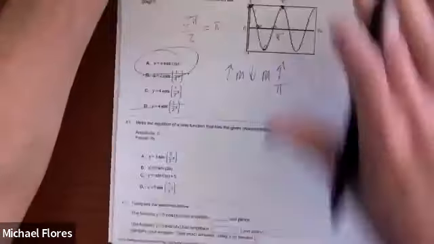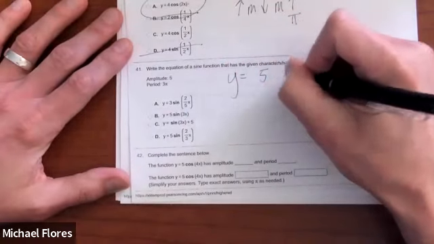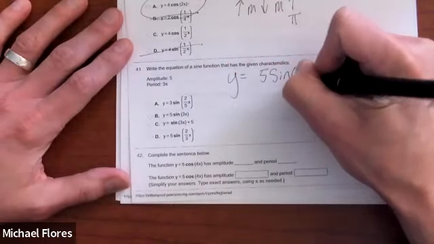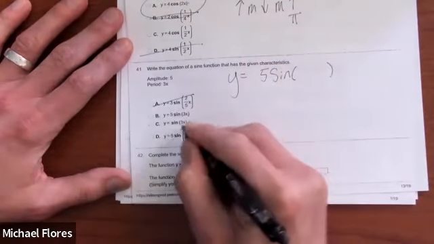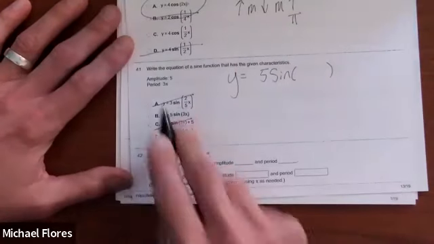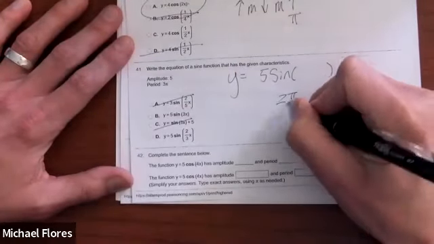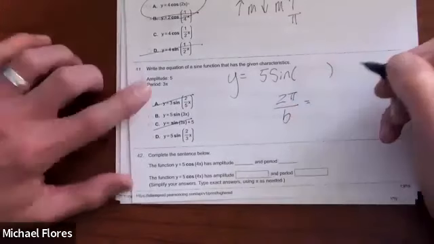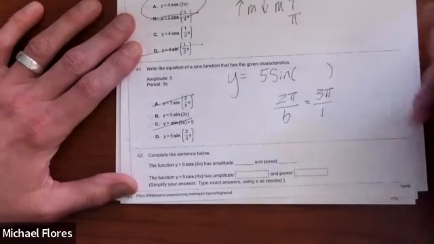Write the equation to sine y equals 5 sine. So we can go ahead and eliminate that one and that one. Period of 3 pi. So we want to take 2 pi over b, set equal to the period. 3 pi over 1, cross multiply.